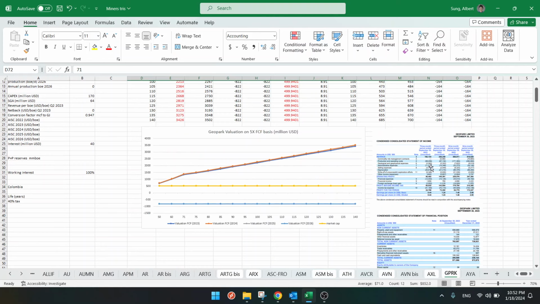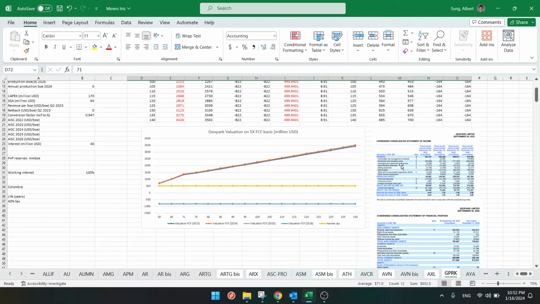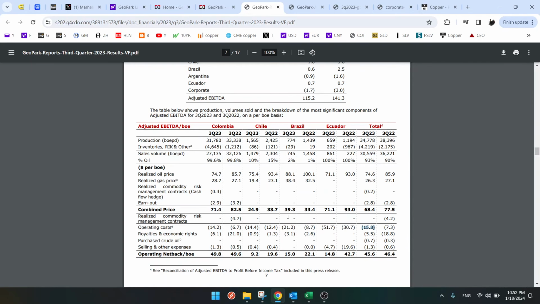I won't add that. Purchased crude oil, not sure what's that. Let's just take this and this.